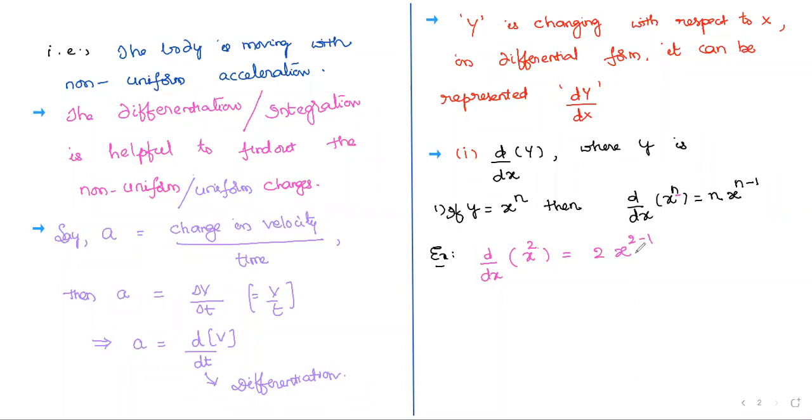So I get d by dx of x square equals 2 into x power 2 minus 1, that is 2x. Wisely catch the point here. While differentiating, you are reducing the value. Differentiating, separating: x power n became x power n minus 1. X square became x. The power is reduced or not?